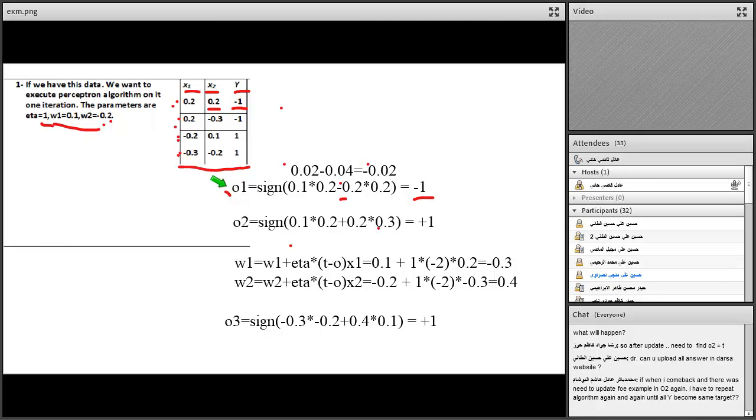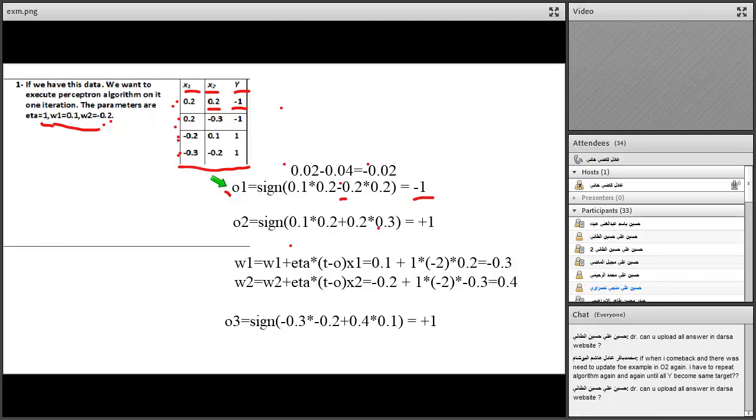The algorithm should be repeated until we find a weight for which, for all of the data, the target and the prediction are equal.